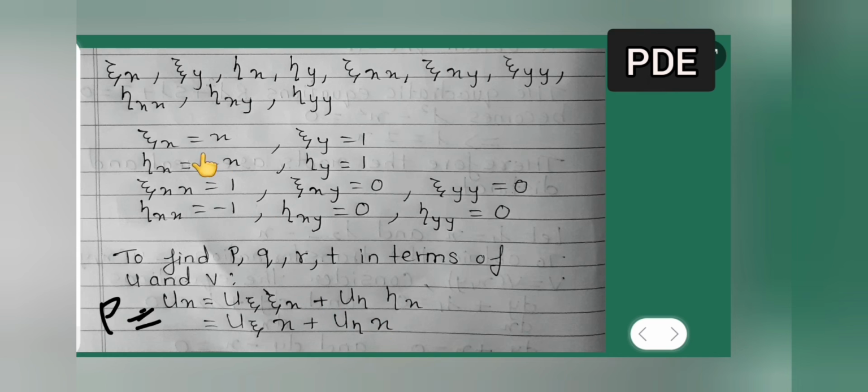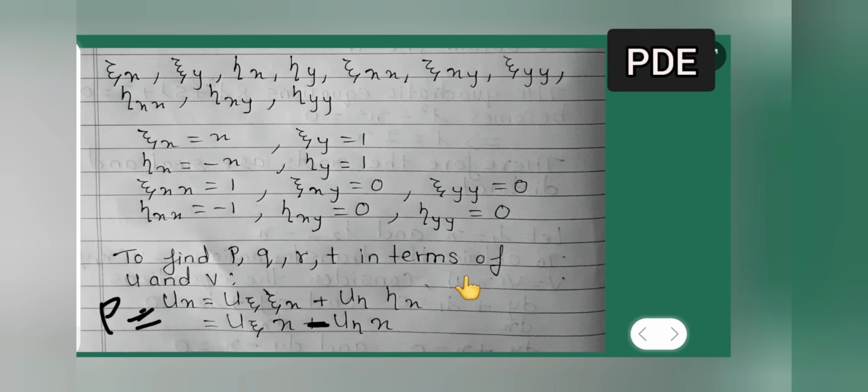So what is xi x? x, plus u eta, write it as it is. Eta x is minus x. So that is minus.